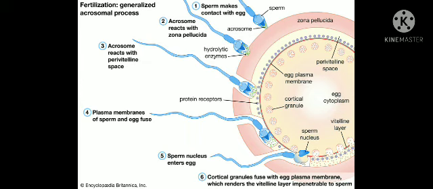And the acrosin, or zona lysin, dissolves the zona pellucida, and it makes sure that only the nucleus of the sperm interacts with the nucleus of the ovum. The rest of the pieces, the middle piece and tail, are all left outside the ovum.